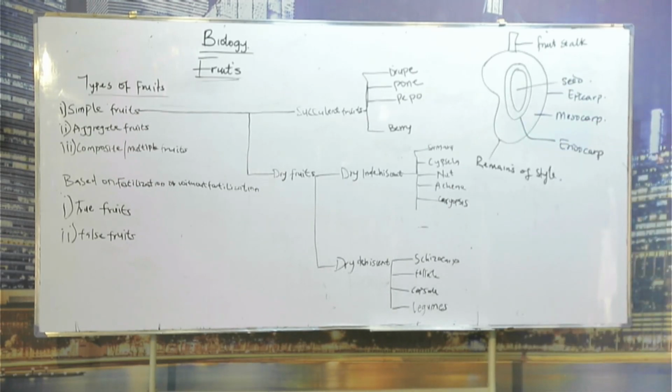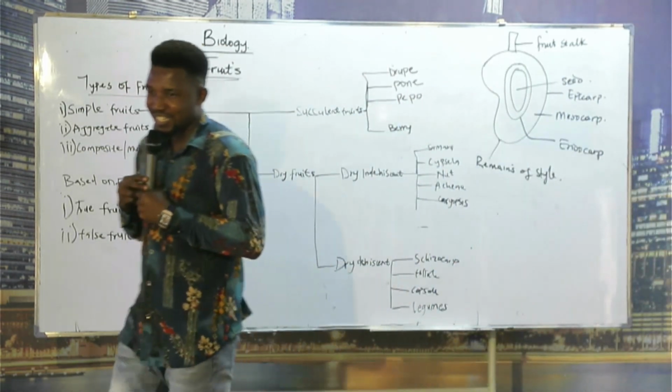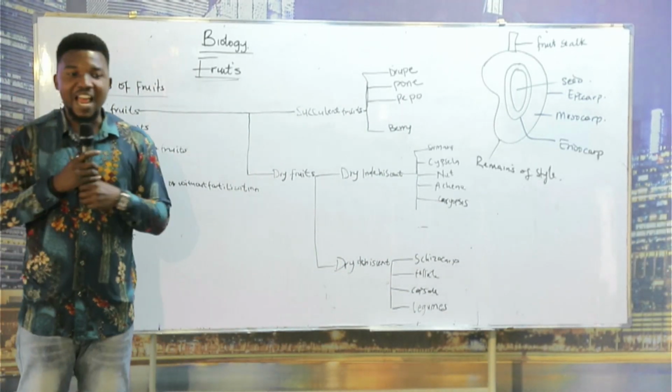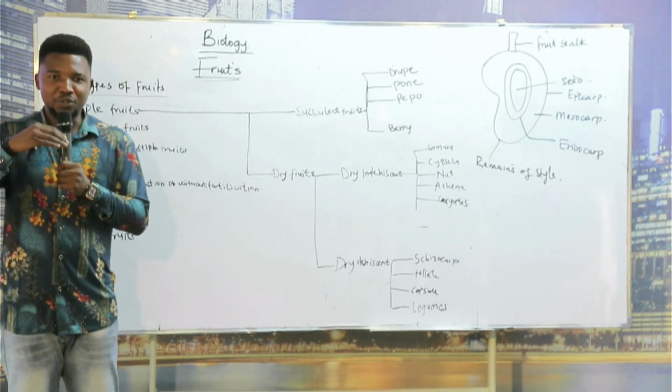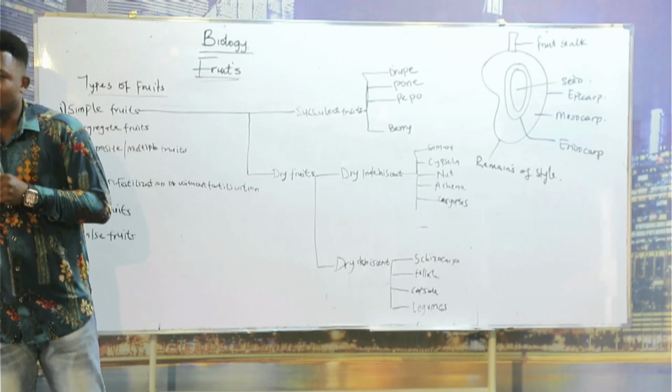The part that covers the seed, which you don't usually eat, is the ovary. The outer part that you eat together with your maize is what we call the receptacle. Just like the apple. You continue to eat your apple till you reach the ovary and stop.